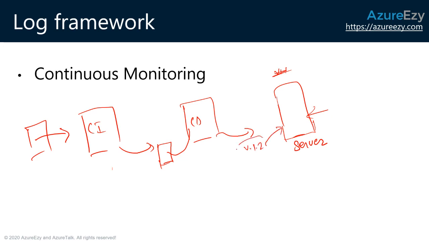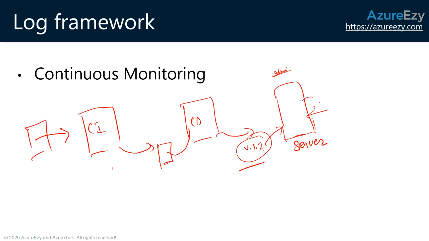then how is this version 1.2 performing? Are the users getting the values that are expected, are they able to access the pages and the features that you have introduced as part of this version release? All those things you need to monitor, and you need to monitor it continuously.